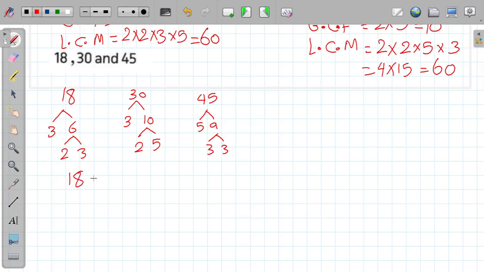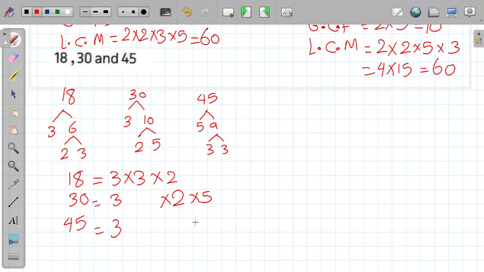So the first number here is 18 equals 3 by 3 by 2, and 30 equals 3 by 2 by 5, and 45 equals 5 by 3 by 3. So I have here 3, and here I have 5, and next I have 3, so it will be 3 times 5 times 3.